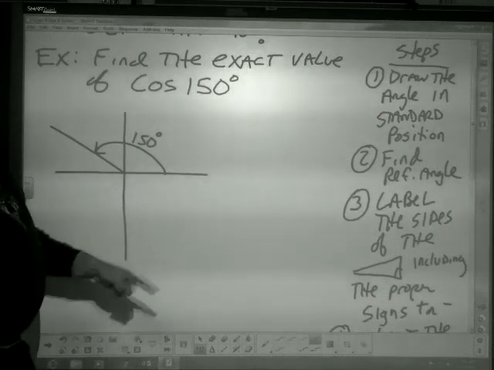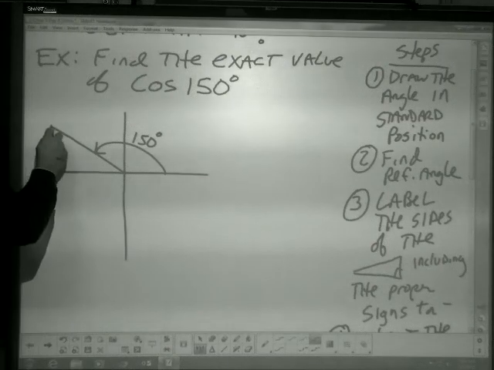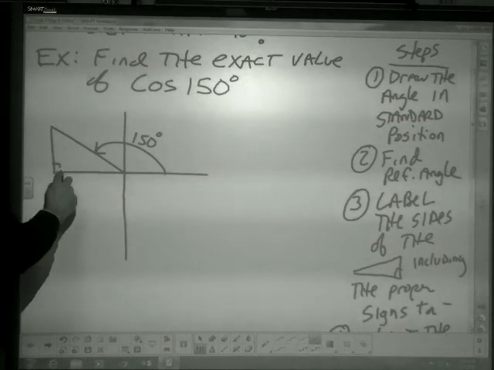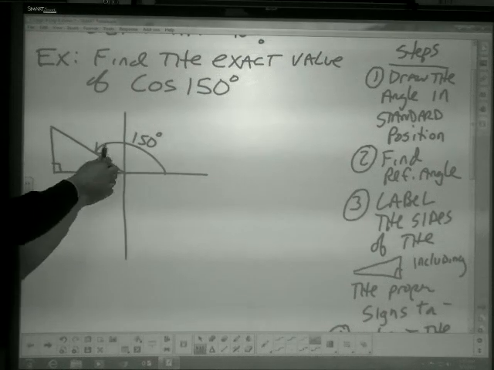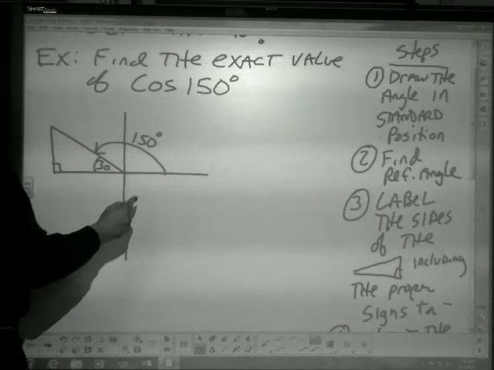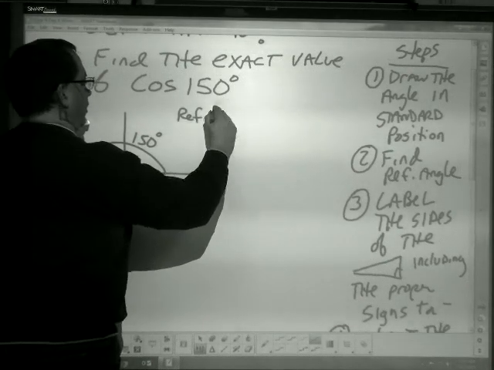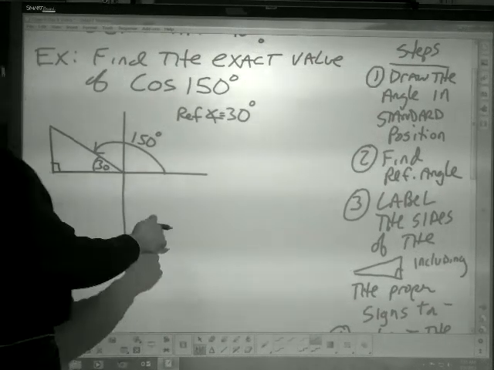Find the reference angle. I'm going to drop my perpendicular, and here's my reference angle. If this is 150 and all the way is 180, I know my reference angle is 30 degrees. Reference angle is 30.